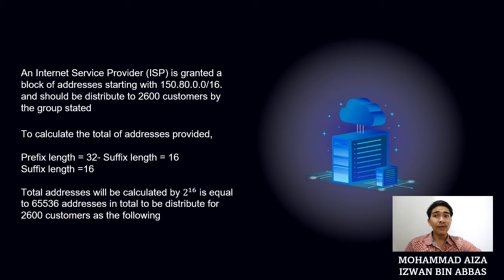An Internet Service Provider, or ISP, is granted a block of addresses starting with 150.80.0.0/16 and should distribute them to 2,600 customers by the group's method. To calculate the total addresses provided, we need to calculate the prefix length and suffix length.